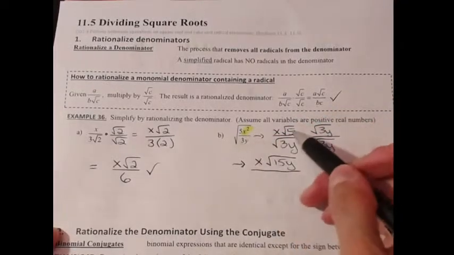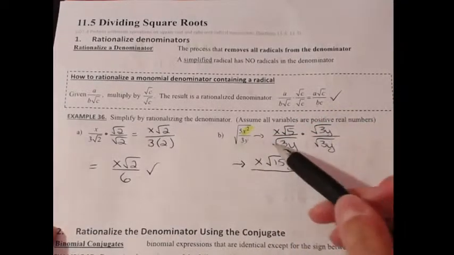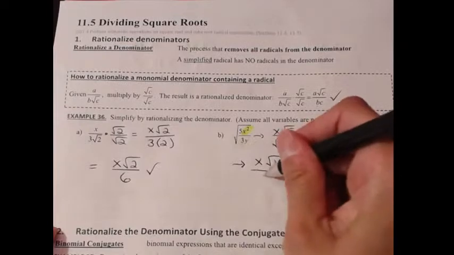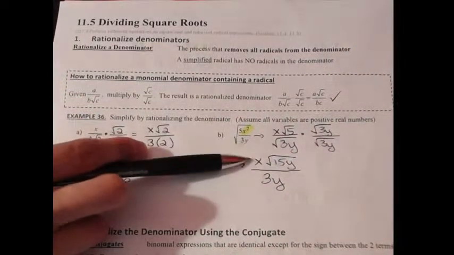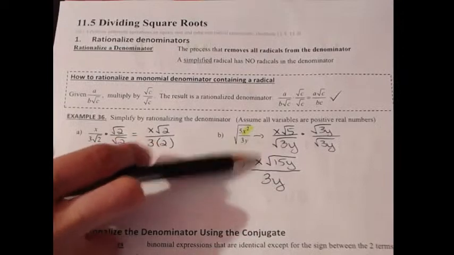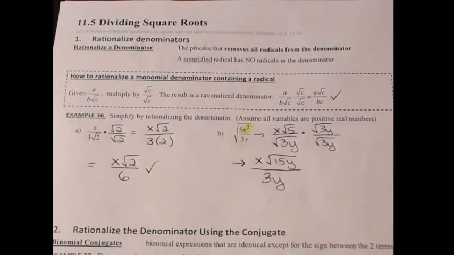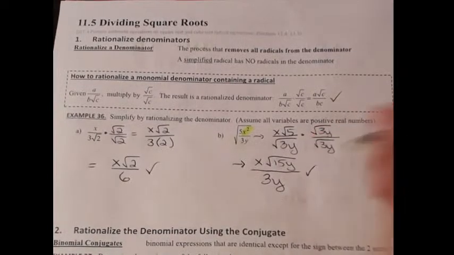All over, remember, you're just multiplying the radicands, square root of 3y times square root of 3y is 3y. Notice that nothing can actually divide out. If it were, for instance, x over 3x, then yes, I would divide out the x's. But they're not the same, so I can't do anything with this. And guess what? We're done.